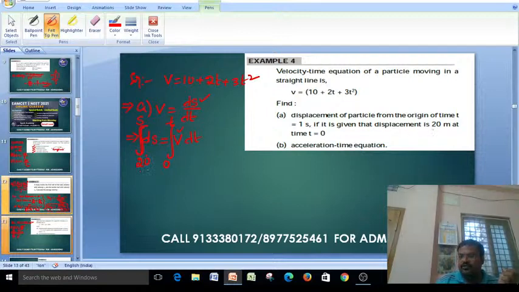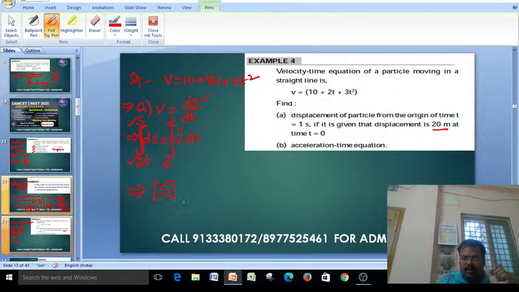The displacement is 20 meters. That's why I took 20 as the lower limit, and the displacement of the particle from the origin at time t equal to 1 second. So when you substitute this, integration of ds is nothing but s.